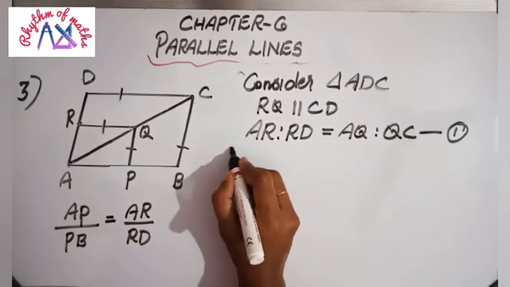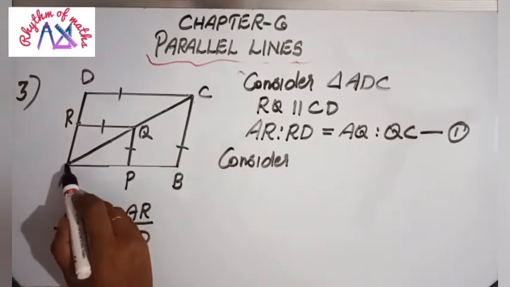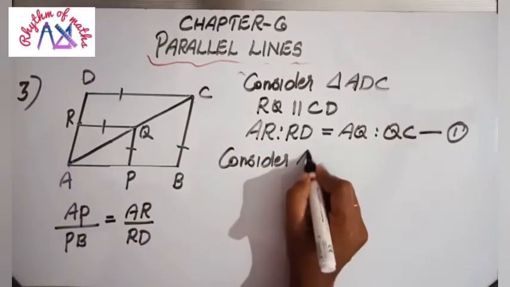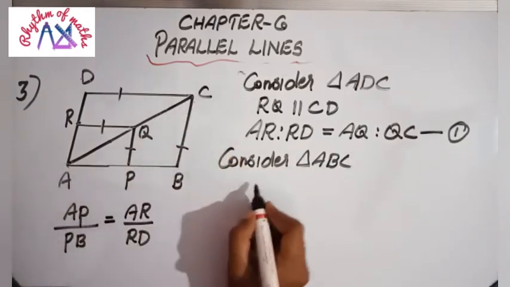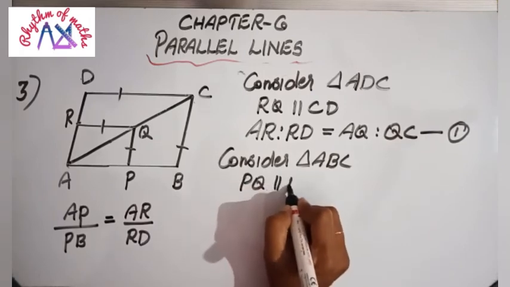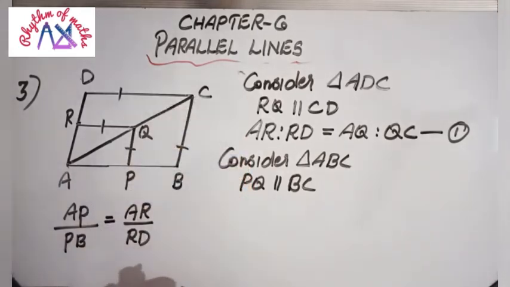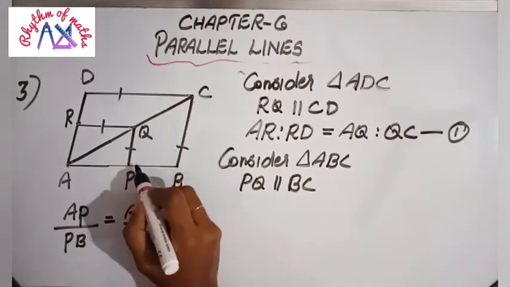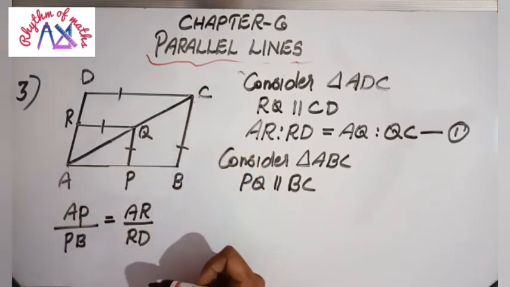Now consider the second triangle. The triangle is ABC. In this triangle ABC, which are the parallel lines? PQ is parallel to BC. So this line PQ cuts AB and AC in the same ratio.